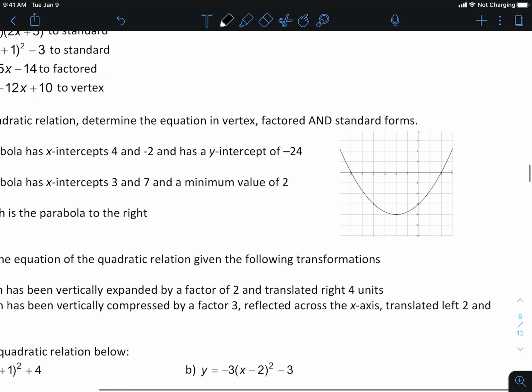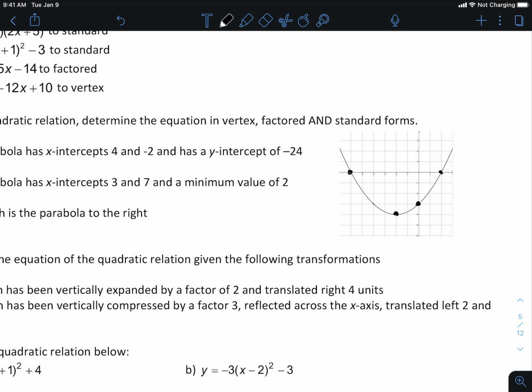I can look at that and go, oh, there's the vertex. There's the y-intercept. There are the x-intercepts. You just do the question the exact same way, except this time you have a little bit of freedom because I didn't only tell you the x-intercepts. I told you the vertex too.